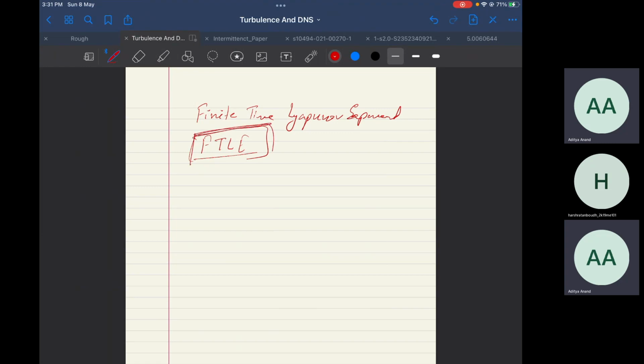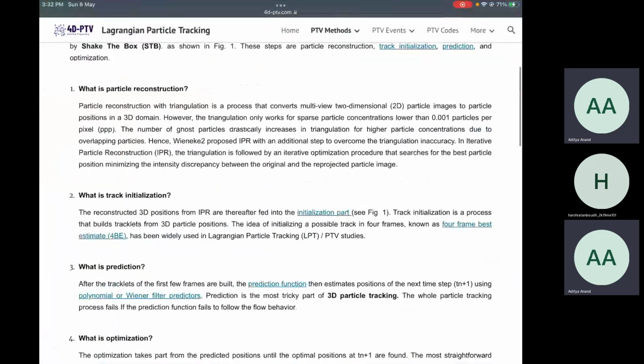What this exponent does is it identifies the converging and diverging, attracting and repelling coherent structures through some coefficient that is evaluated.